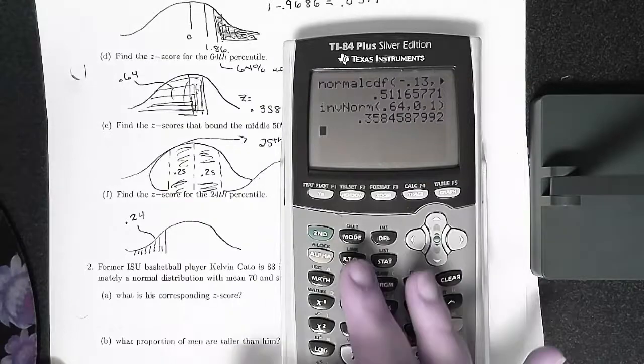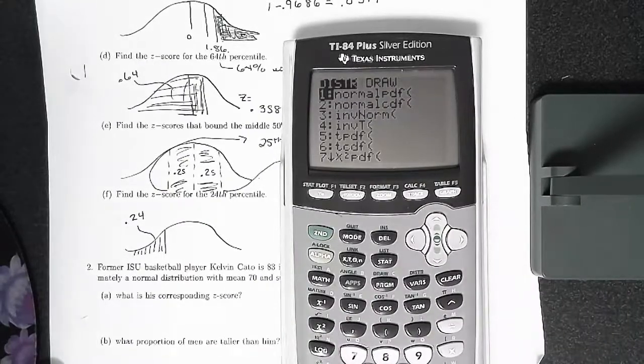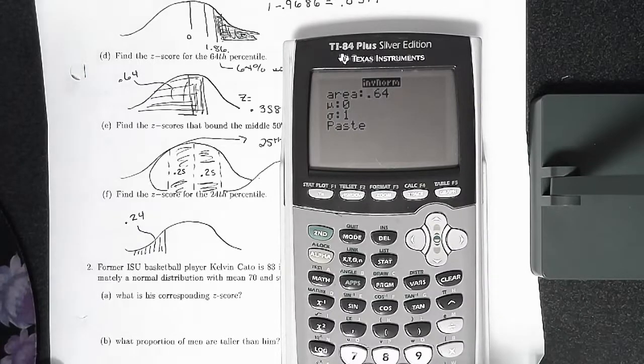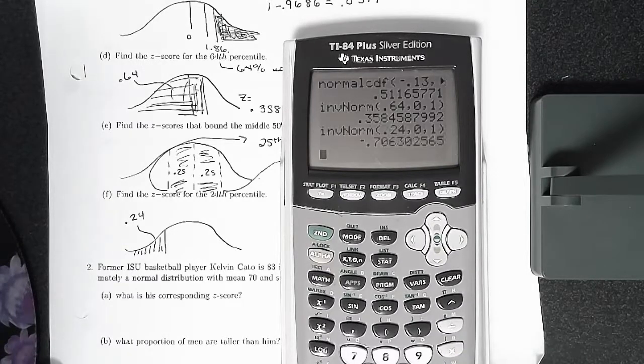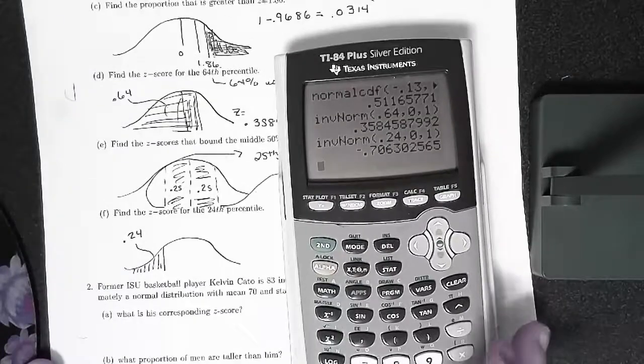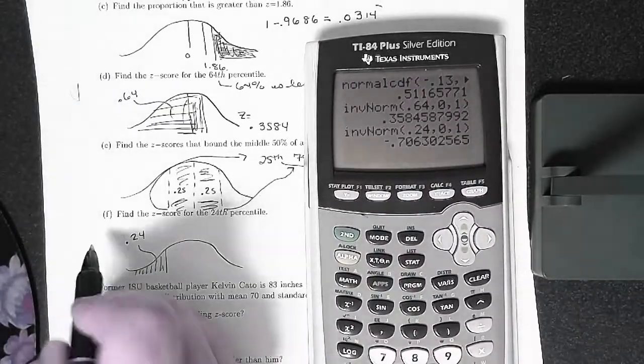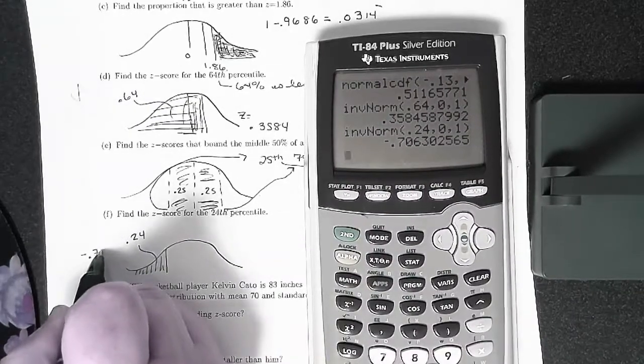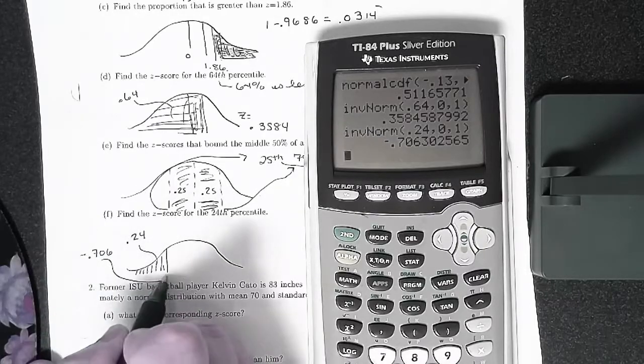Again, I'm going to do second vars and inverse norm. Okay? And I want my area to be 0.24. And I get negative 0.706. So negative 0.706 is equal to the z-score, right?